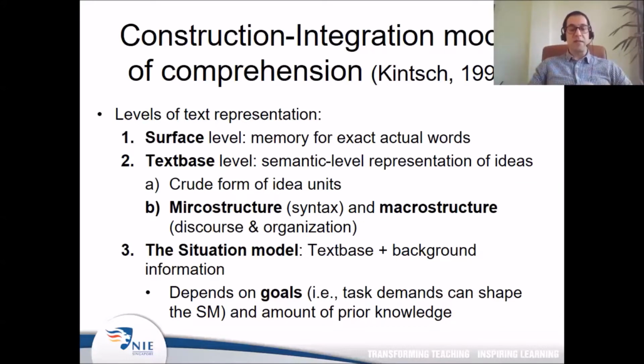The second stage is the development of a text-based level. A text-based level is like sentence level and clause level and also discourse level. It's a mental representation, primarily a semantic representation of the ideas that you read from the text. It's crude, in the sense that it's not fully processed, because there are still gaps between all those idea units that you have processed and comprehended.